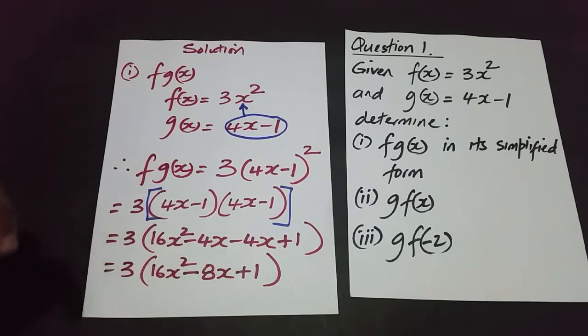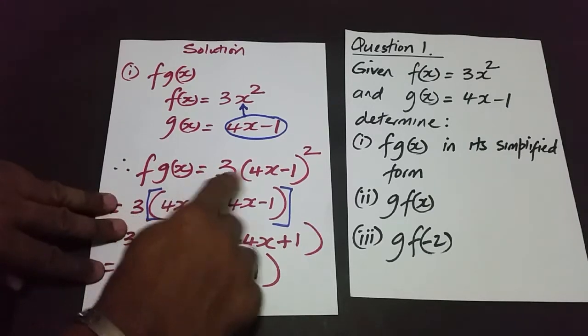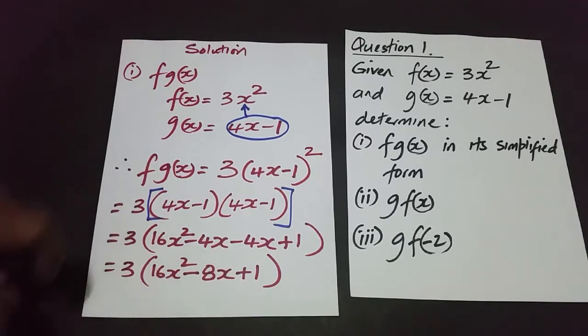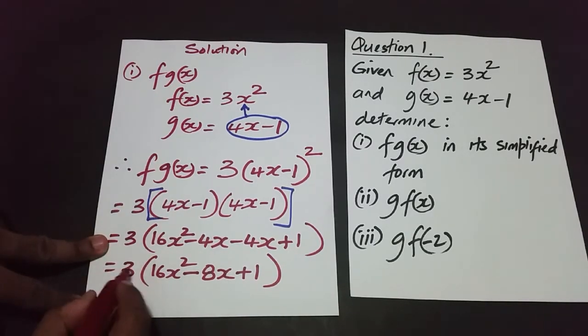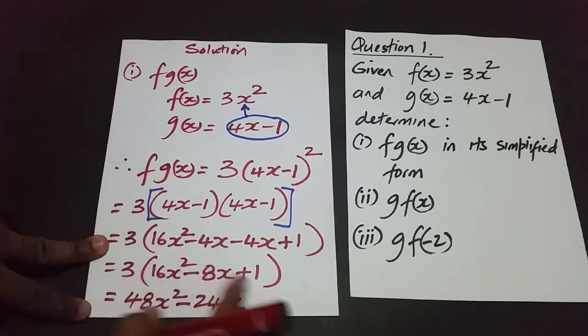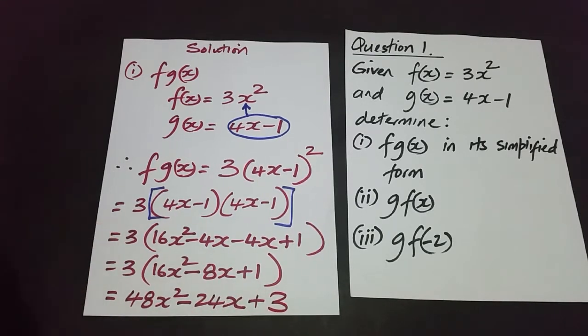Now, had they not asked me to simplify it, I would have probably just stopped here, but I'm going to expand and simplify the composite function. So 3 times 16x squared is 48x squared, and 3 times negative 8x is negative 24x, and 3 times positive 1 is simply positive 3.